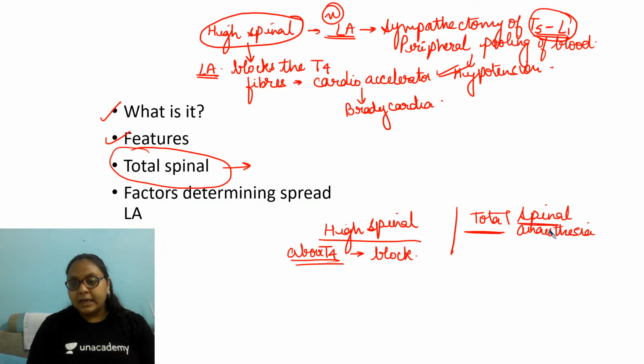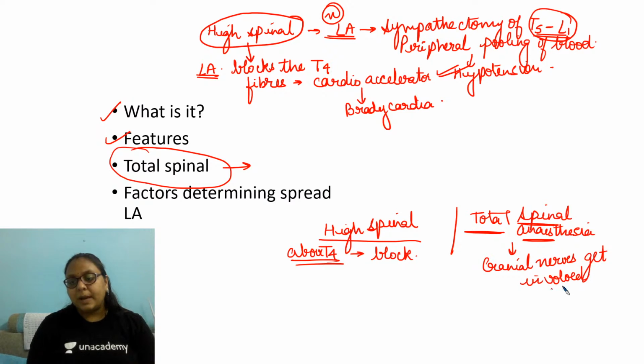In total spinal anesthesia, what happens? The cranial nerves get involved. ठीक है, and therefore there is total spinal anesthesia.